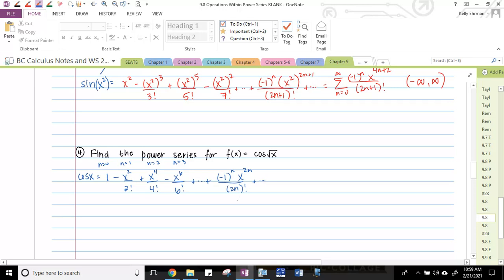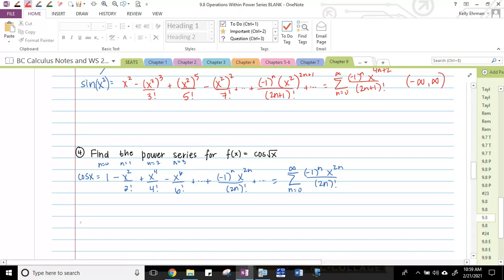And I think of that as like cosine's alphabetical. Cosine comes before sine, so the easier one comes before the harder one. If that helps you at all, please use that. What's its actual power series? Instead of writing out all the terms, I could just say it's the sum from 0 to infinity of negative 1 to the n, x to the 2n, over 2n factorial.